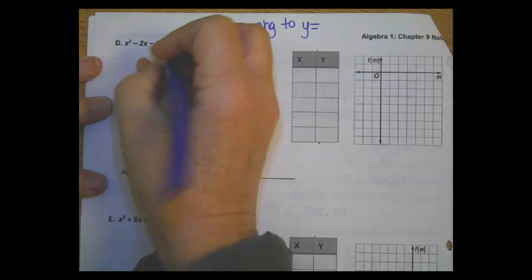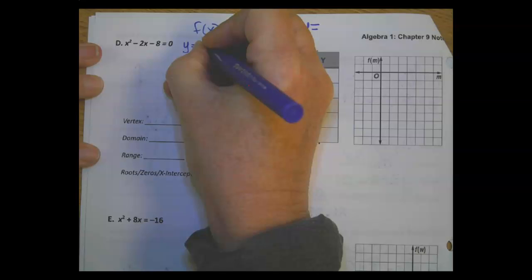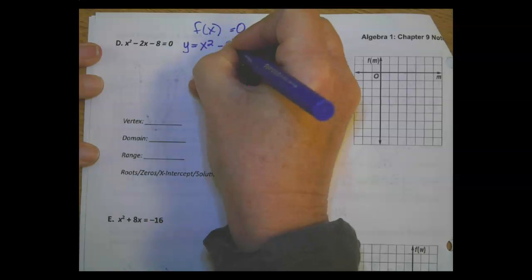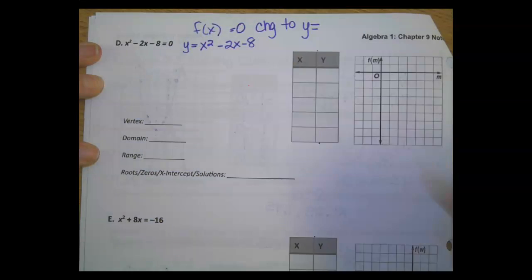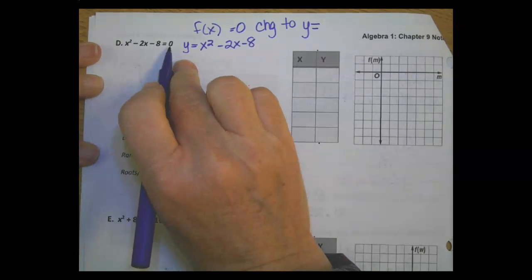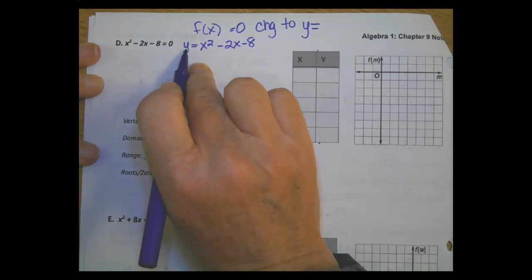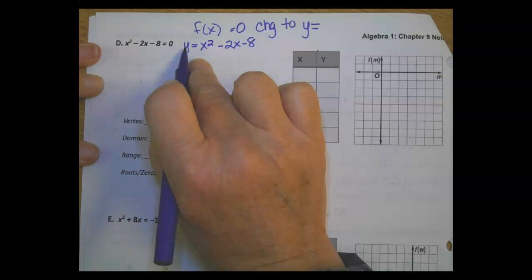Okay, so this one, I'm going to change it. I'm going to say y equals x squared minus 2x minus 8. If you're working with a graphing calculator, they don't like the zeros here, and they don't like the f of x. So they will always want you to change those two things to y, and we're going to get into graphing shortly.